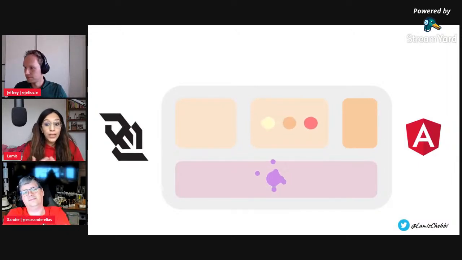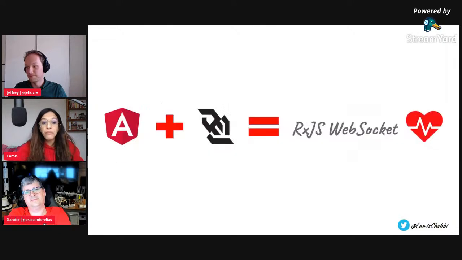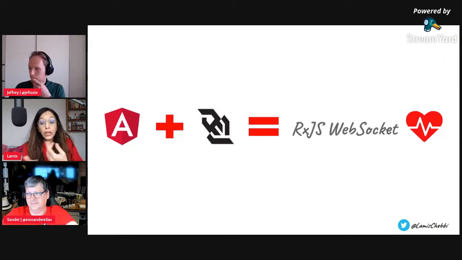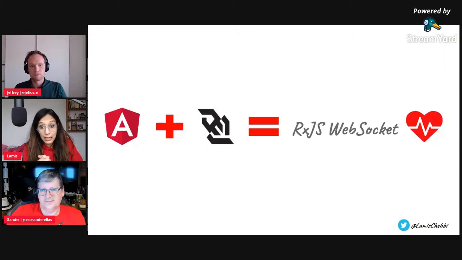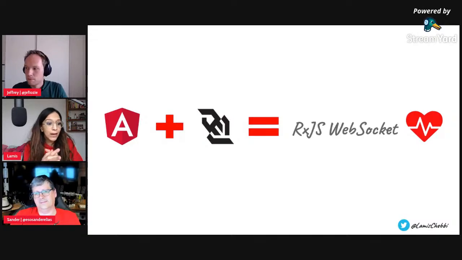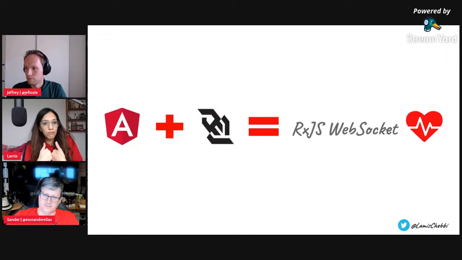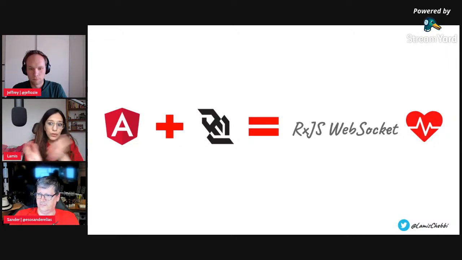What I was really surprisingly glad to know is that RxJS ships with the RxJS WebSocket subject, which will make me able to consume the WebSocket messages. I was really happy because RxJS is a first class citizen in Angular. It's already there. It's a dependency. I don't have to add any third-party dependency, and I have the support out of the box.